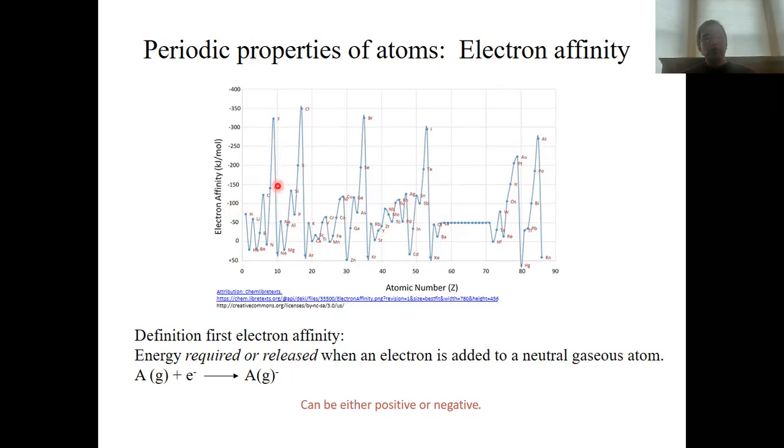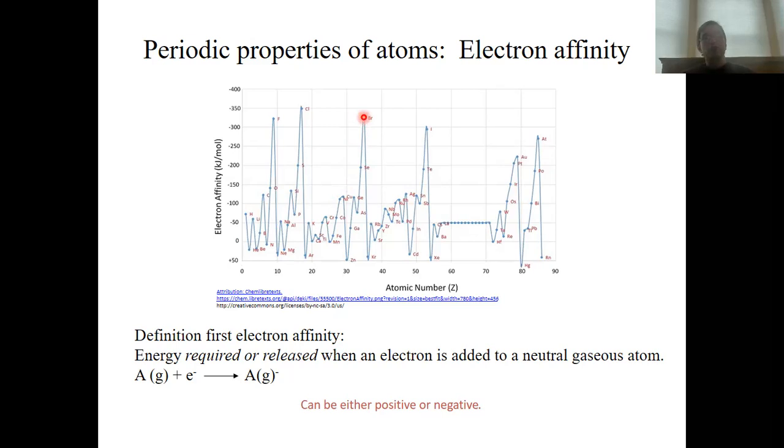If you go from sodium to chlorine, you also see there's generally an increase, but again the trend is often broken, and you see this trend for the higher periods as well.